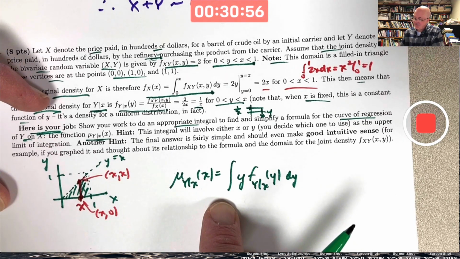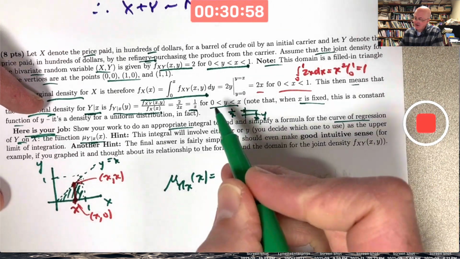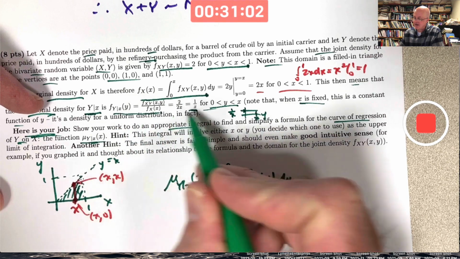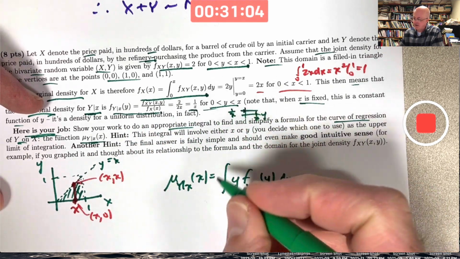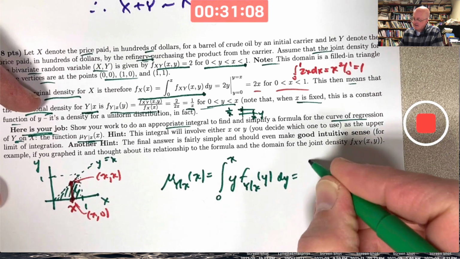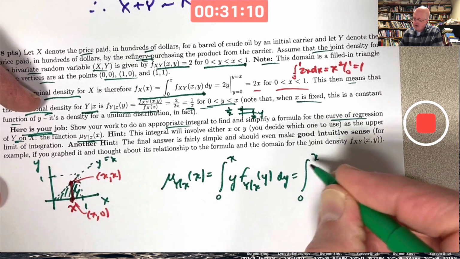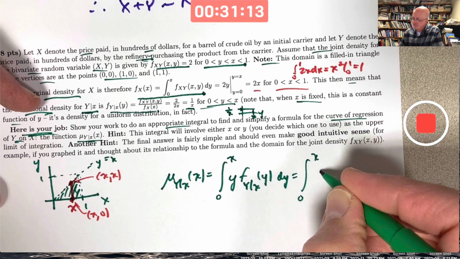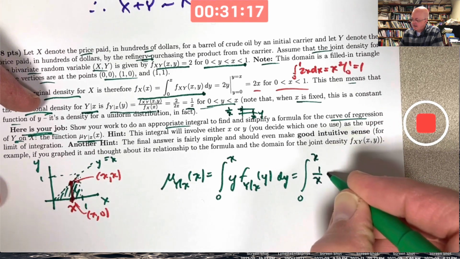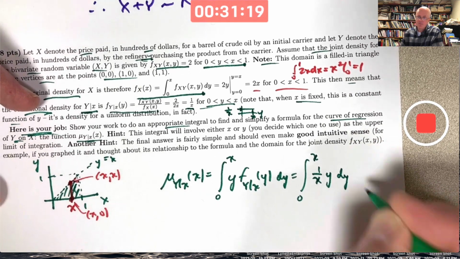What are the limits of integration? They're based on this fact that the conditional density here is 1 over x for y between 0 and x. There, y goes from 0 to x. So this becomes the integral from 0 to x of y times 1 over x with respect to y. I'll write it as 1 over x times y, thinking of 1 over x as a constant.